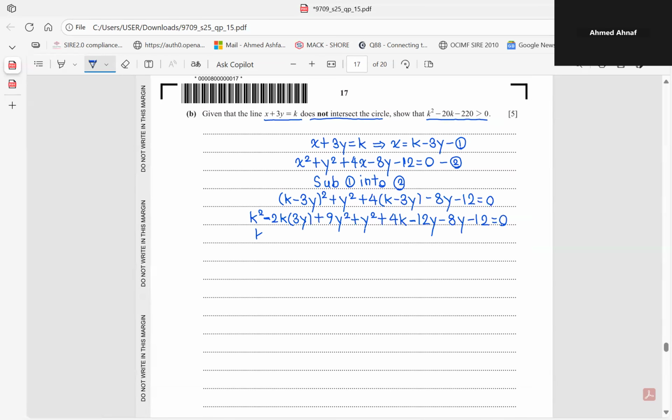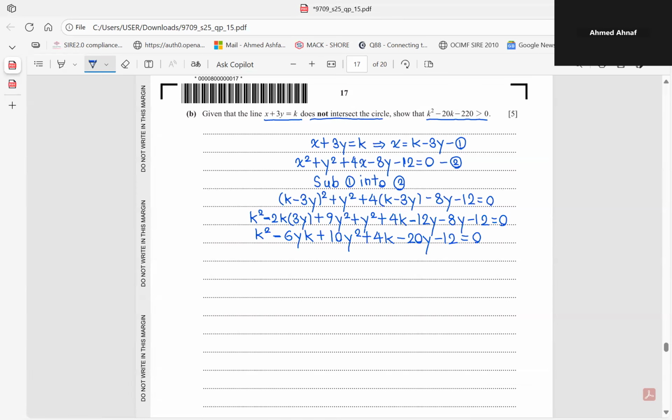Okay, now this would be k squared minus 6yk plus 10y squared plus 4k minus 12y minus 8y, that's minus 20y, minus 12 equals 0.